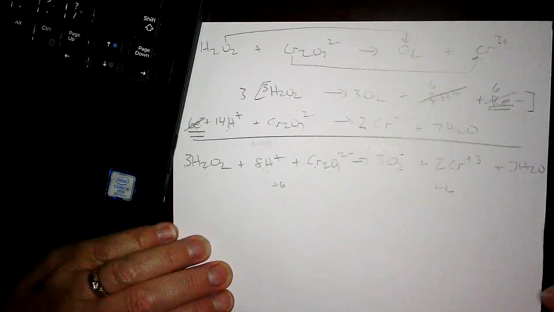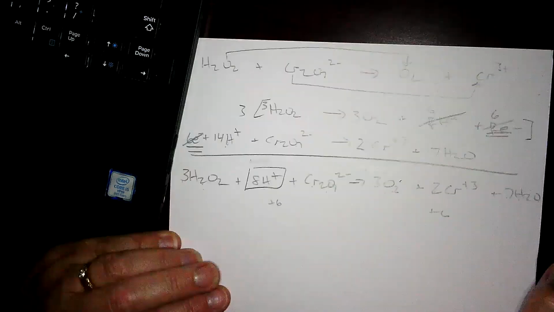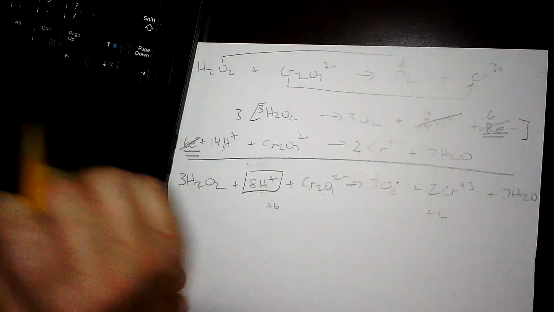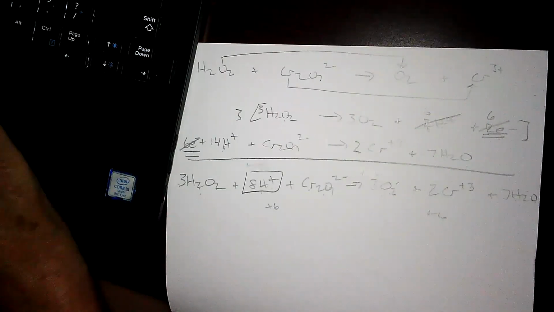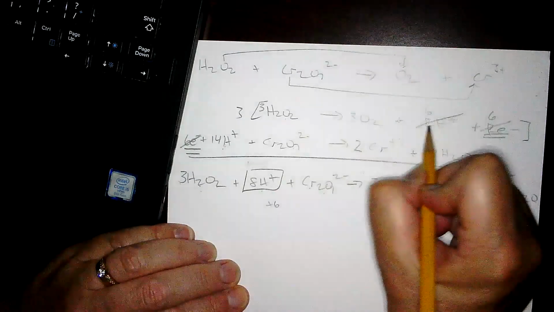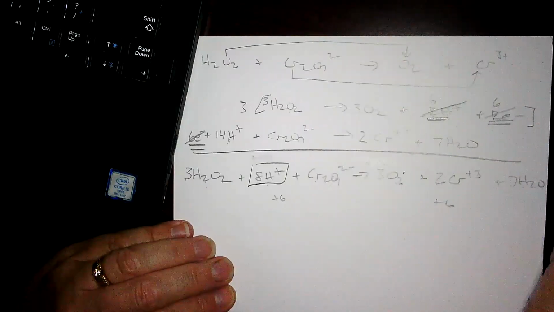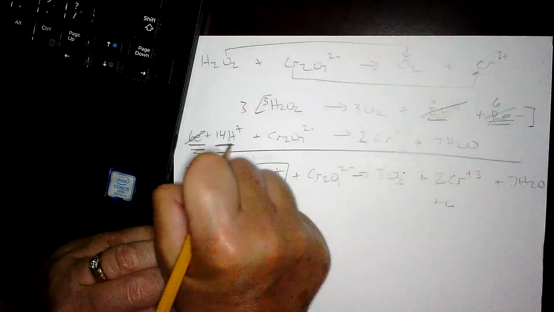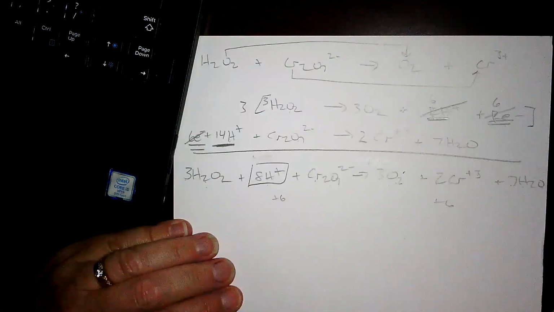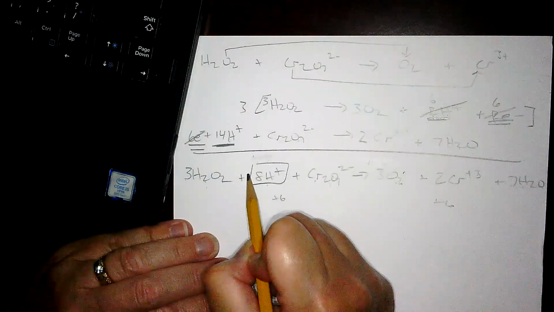Now, another question said, where did this number come from? Okay, so if we go back up, we had 6 hydrogens here in our oxidation half reaction, and we have 14 hydrogens here in our reduction half reaction. We're not going to put 14 H+ on this side and 6 H+ on this side.